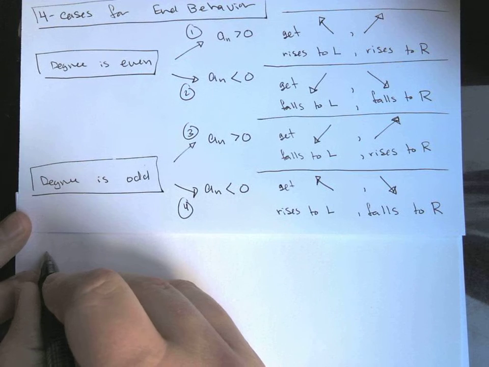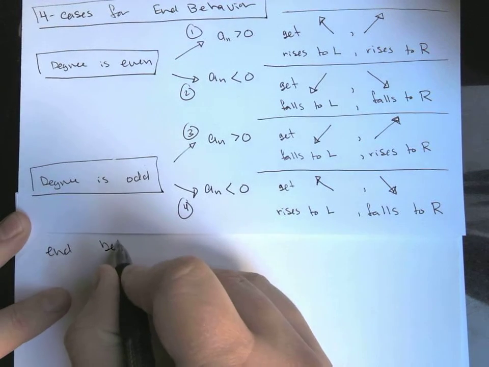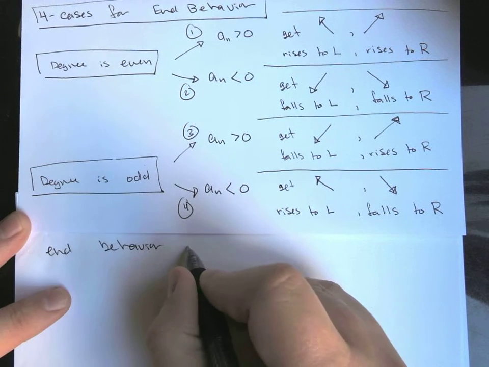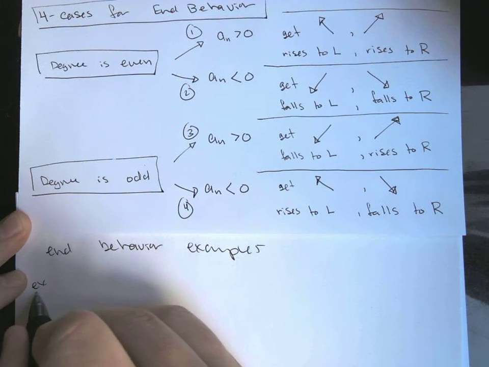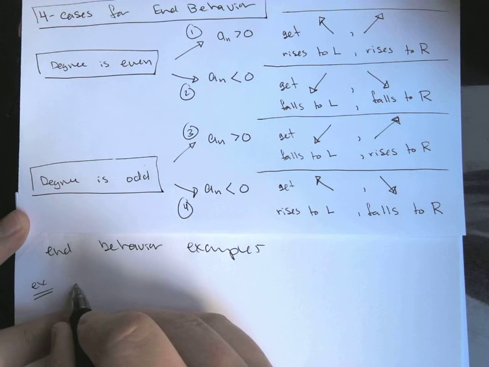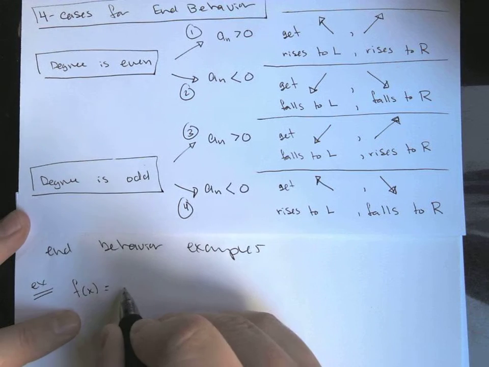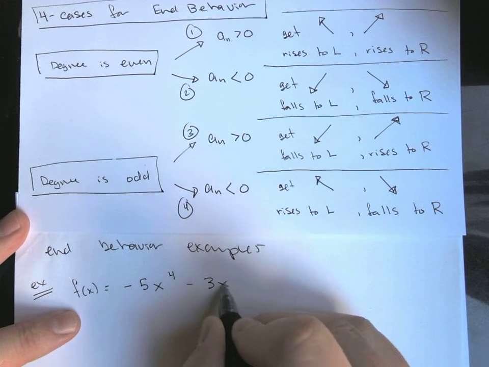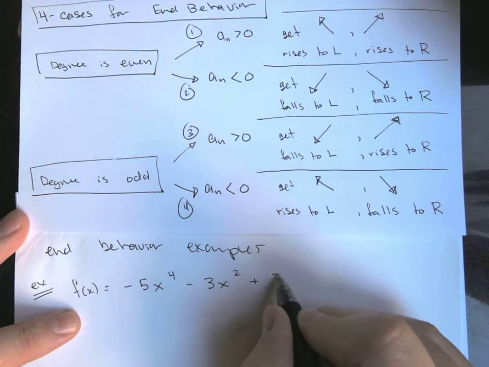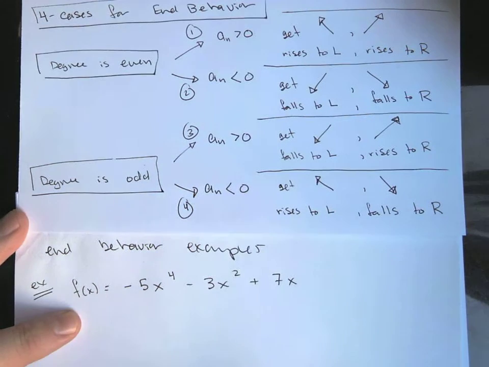So let's do end behavior examples. Maybe f of x is negative 5x^4 minus 3x^2 plus 7x.